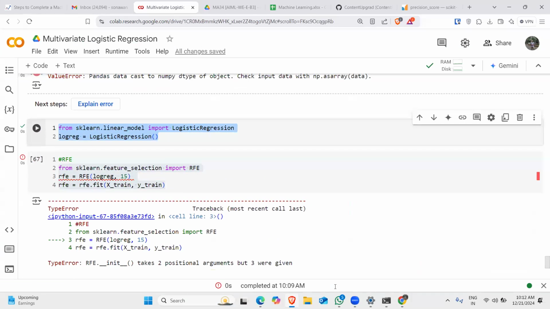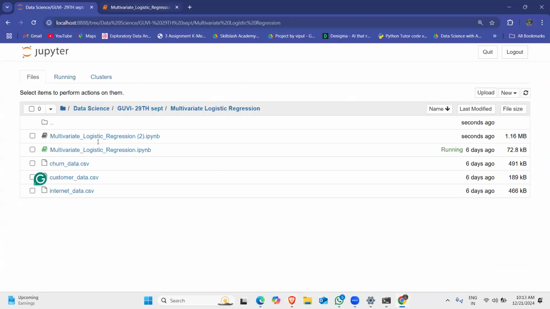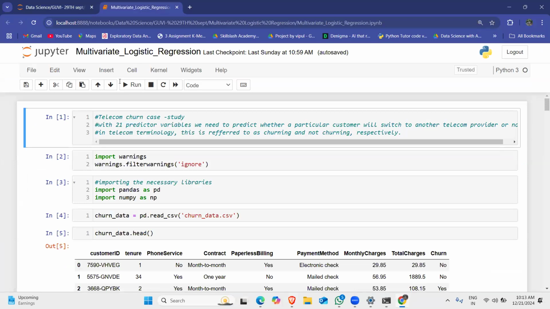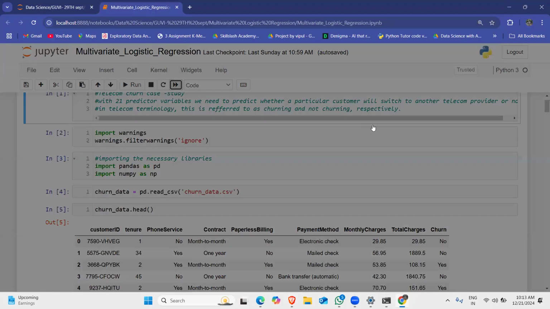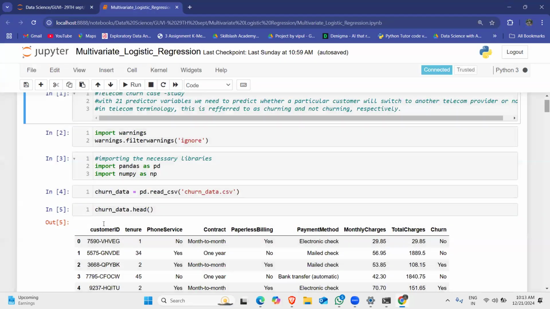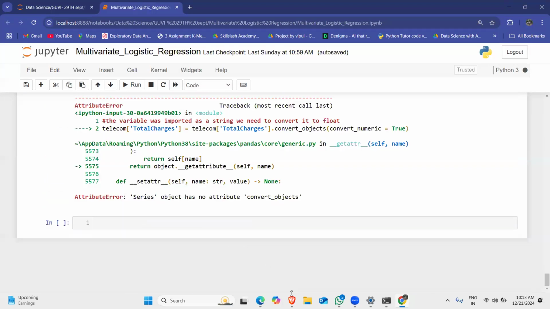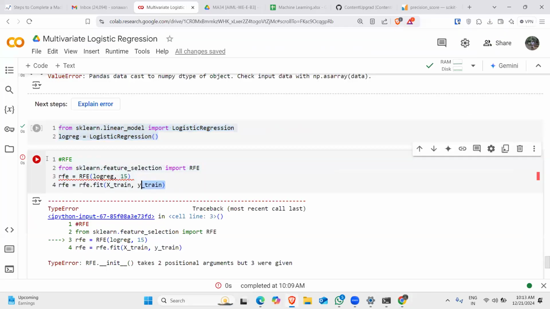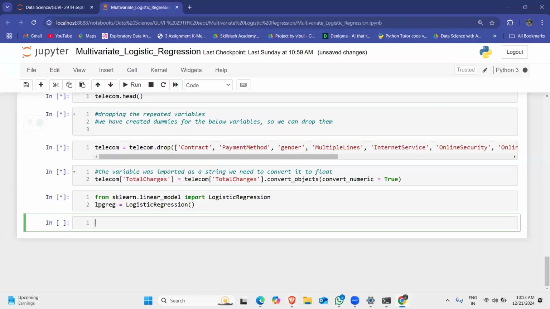We'll just take this. We'll paste it over here. Let us restart and run all this. Let us paste it over here. And we'll just take this. We'll paste it over here.